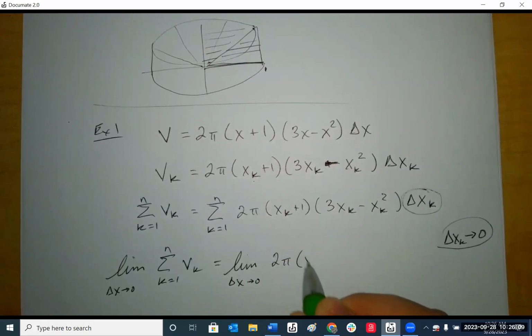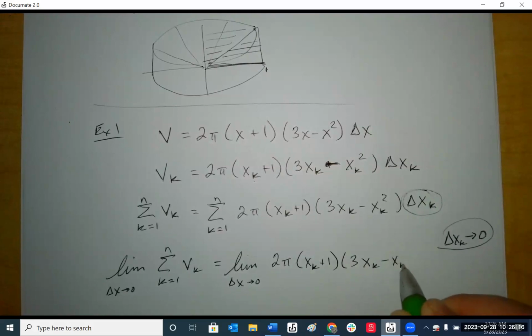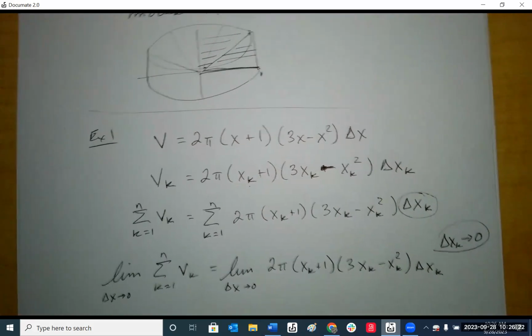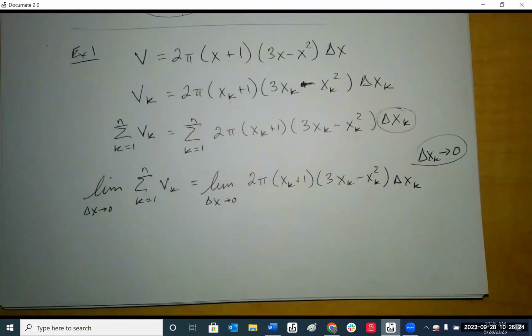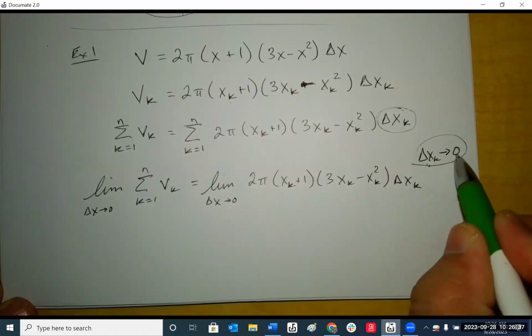Two pi xk plus 1, 3xk minus xk squared. Okay, so how does delta x go to 0?